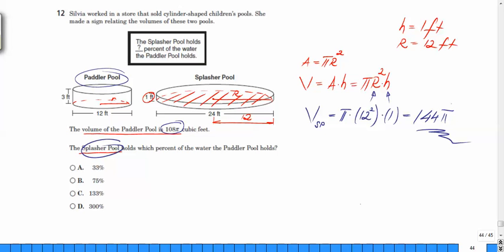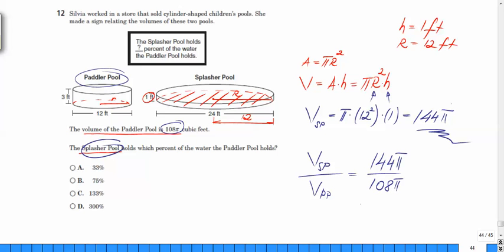And there are a few ways in which you can go with this. Basically, you can just say the volume of the splasher pool divided by the volume of the paddler pool, I'm going to use pp for that, equals what? And you will substitute the two values. I got 144 pi divided by 108 pi, and I need to find what percentage this is.